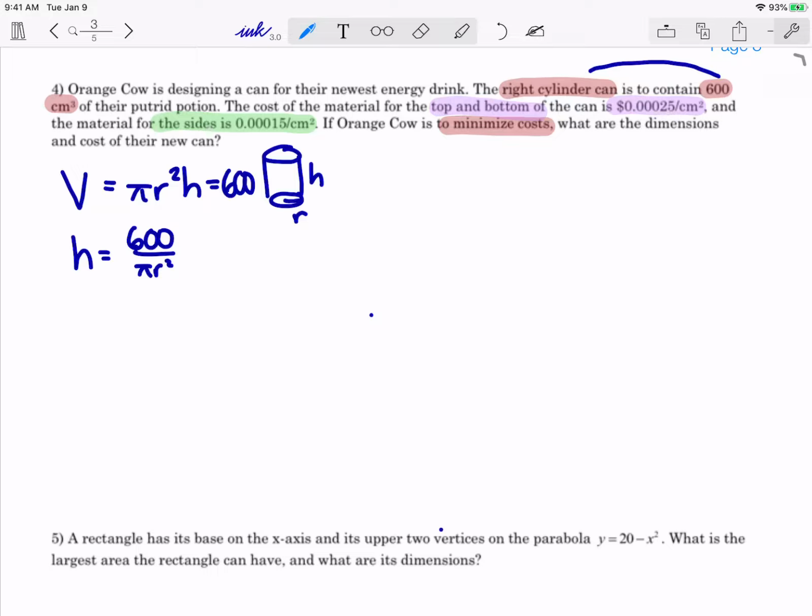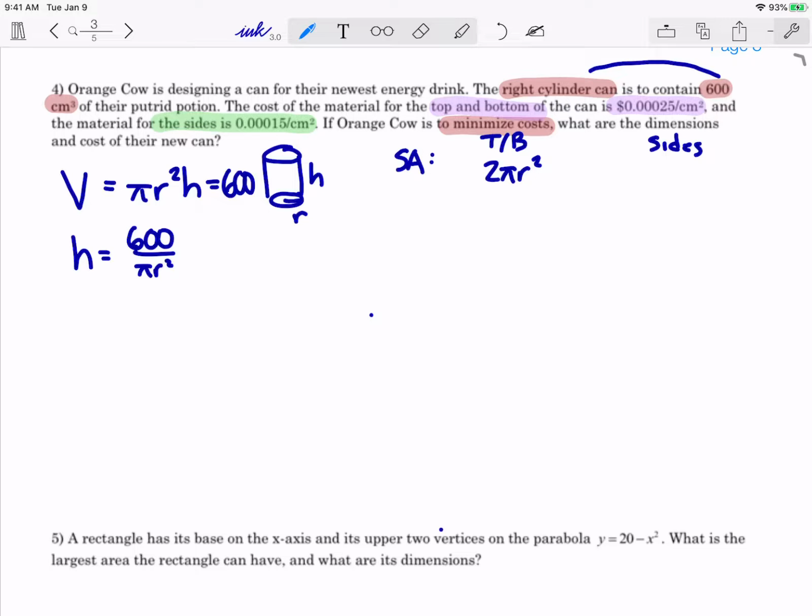Now, if I look at my surface areas, so I've got surface area for my top and bottom, and surface area for my sides. Top and bottom, you've got a circle. Area of a circle is pi r squared, but you've got two of them, so 2 pi r squared. Area for the sides is basically the circumference of the circle times the height.